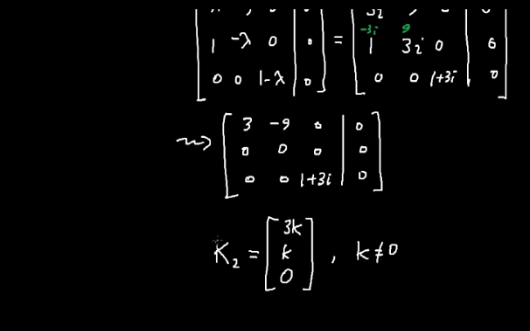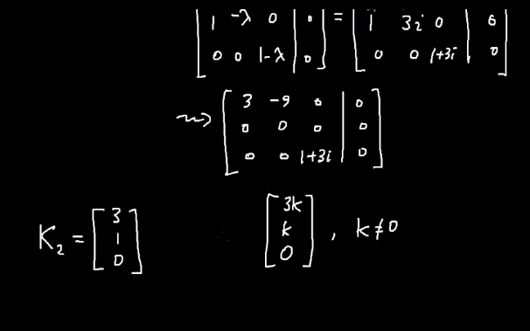So instead of calling this K2, I'm just going to leave it like this without the label, and then I'm going to select one of them, and namely I will select the easy one when K is 1, for instance, 3, 1, 0, and that's going to be the second eigenvector.